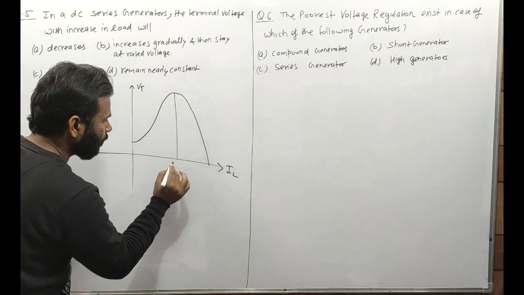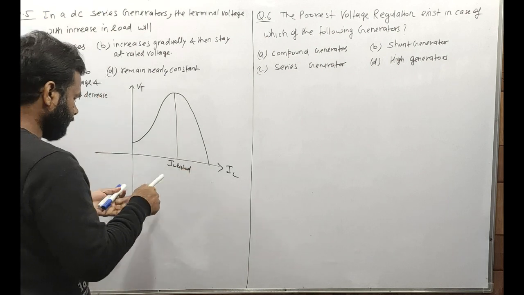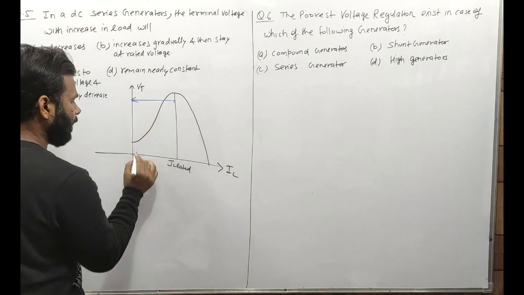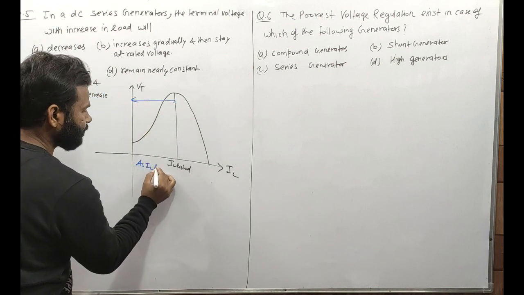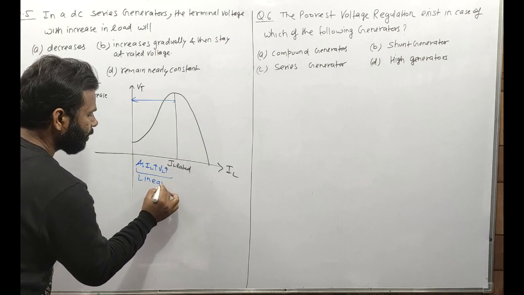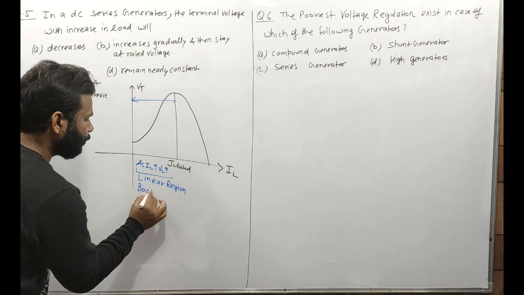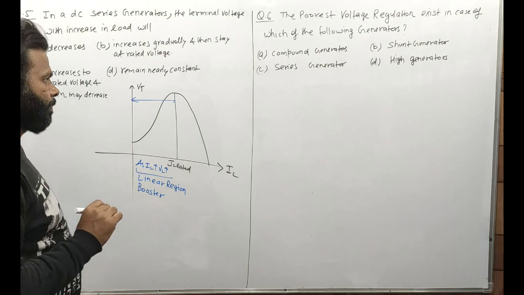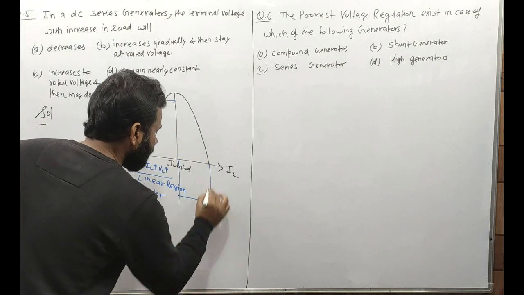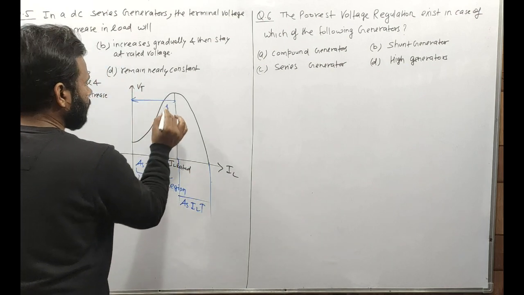Is it okay? Now this is IL rated. So in this first region, as IL increases, VL increases, so it is called linear region, and it works as a booster for HVDC system. But in this region, as IL increases, the VL is decreasing.